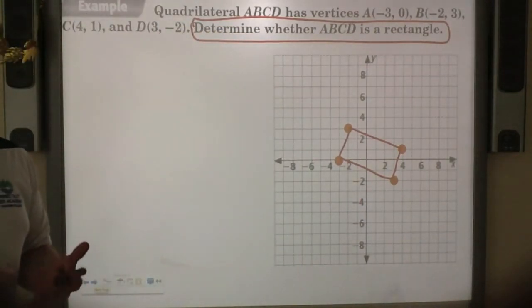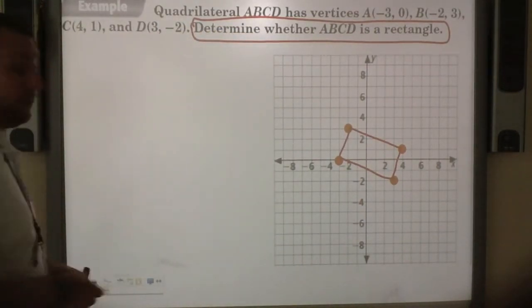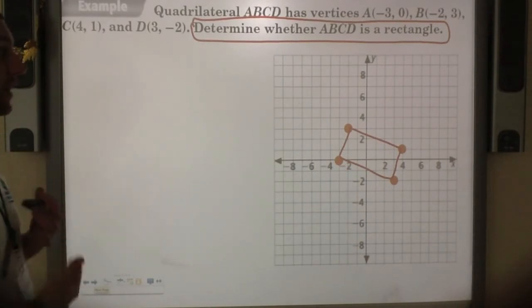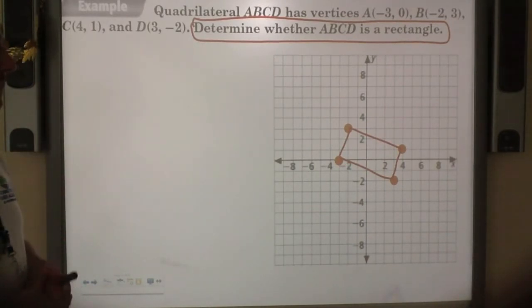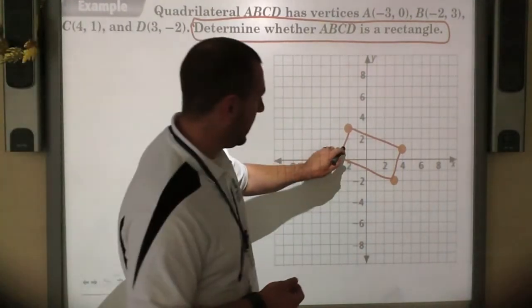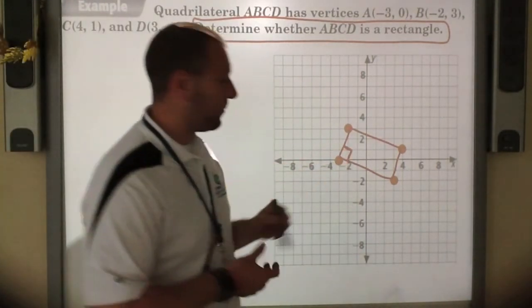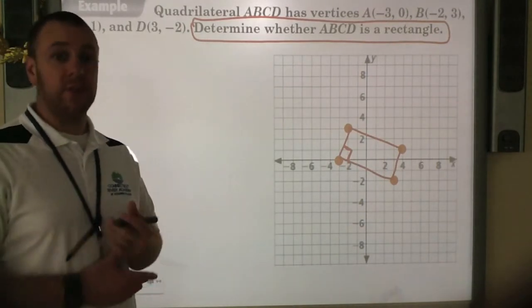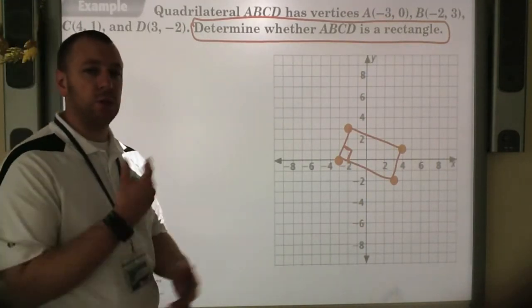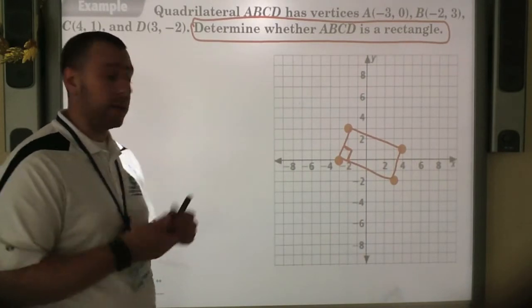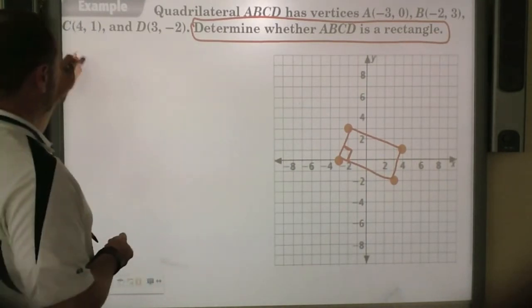Now it looks like a rectangle, but I have to prove it. And you can't prove it without some mathematical knowledge. The biggest key is that 90 degrees. 90 degrees means that it's perpendicular.